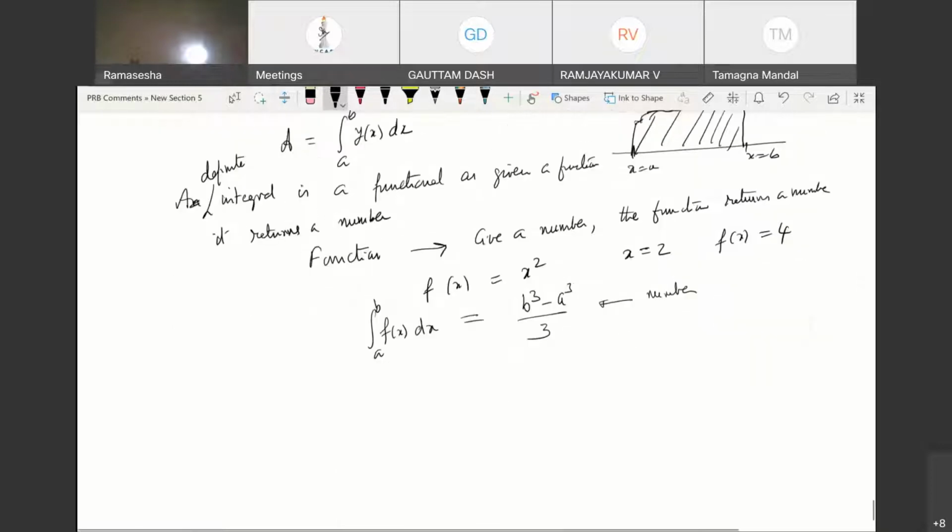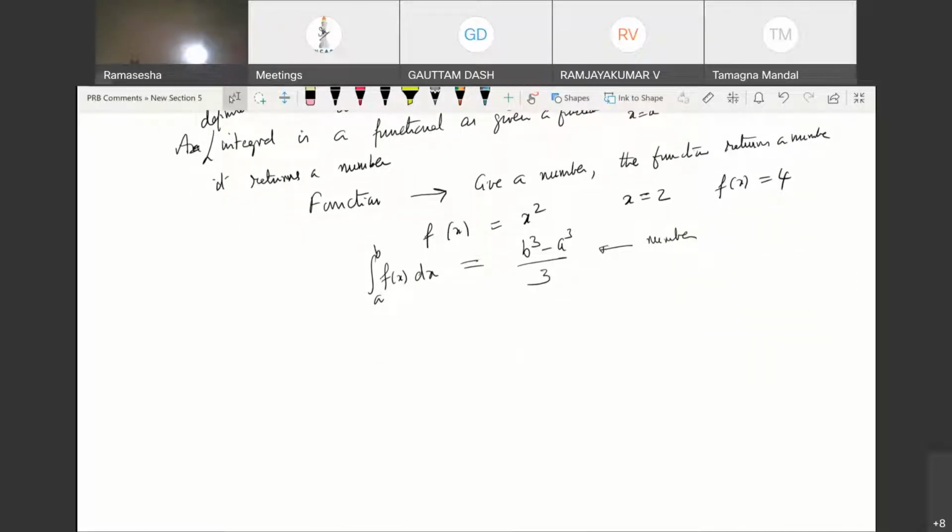Now, what we're interested in is finding the function which minimizes the functional. Let me spend some time on it. So examples are the following.